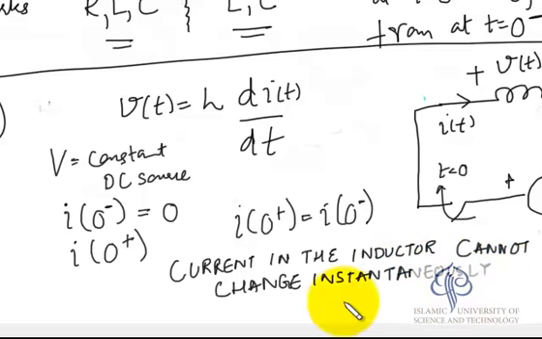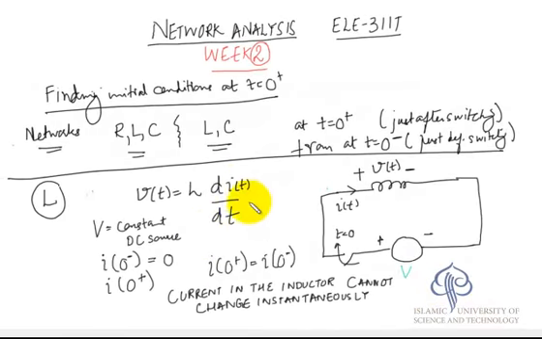It cannot change instantaneously because an instantaneous change in current would require an infinite amount of voltage to be applied. And that is clear from the equation. Instantaneous means change in zero time, so this dt is 0, and this is finite because there is some change. So it is some finite quantity divided by 0, which is infinite.